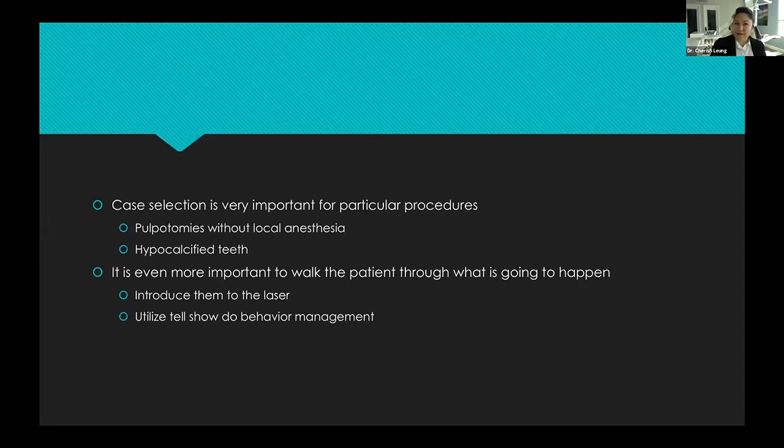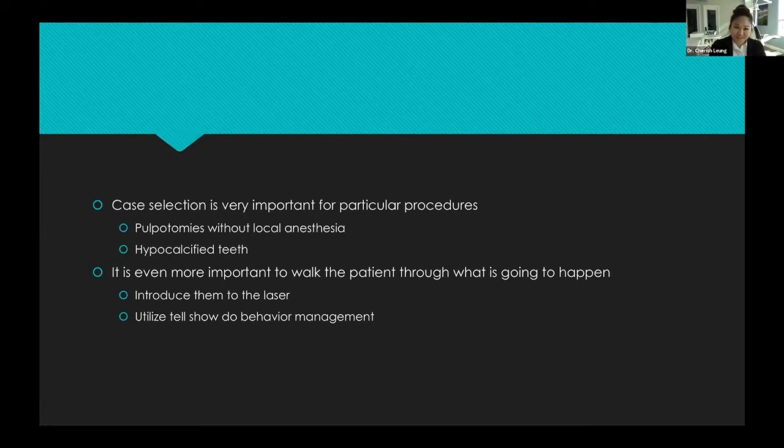Maybe not the best candidate for your first try. Also hypocalcified teeth, which we can discuss later as well. As we know, those are incredibly hard to get local anesthesia on due to their nature, so sometimes you do have to think about that too.